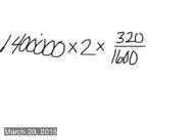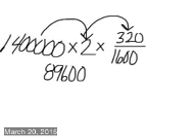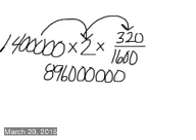Okay, so here's what I'm going to do. I'm going to take 1,400,000 times 2, and I'm going to take that number times 320. It's going to be a big number. Times 2 times 320, I got 8, 9, or 6, 1, 2, 3, 4, 5, 6.